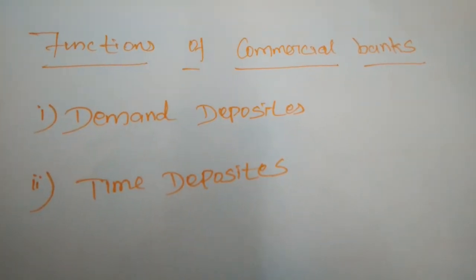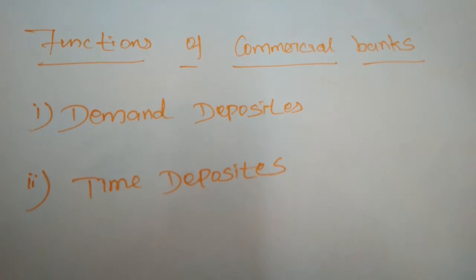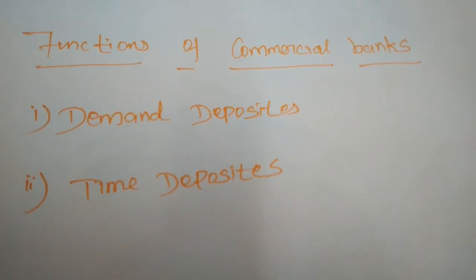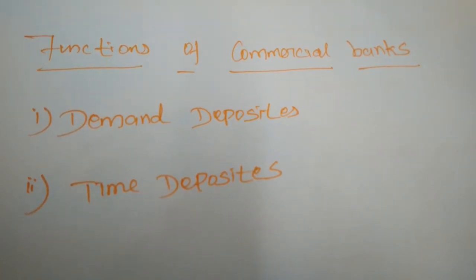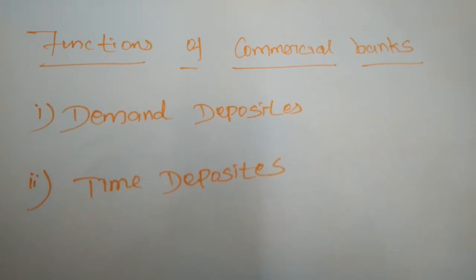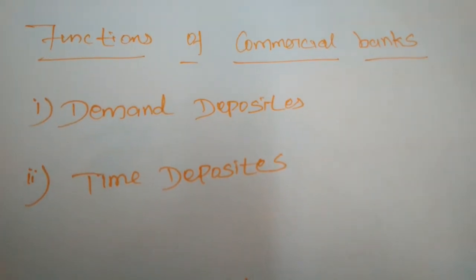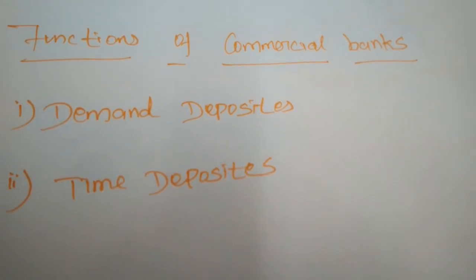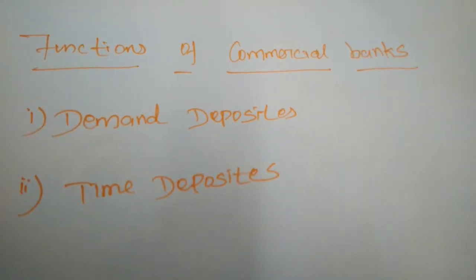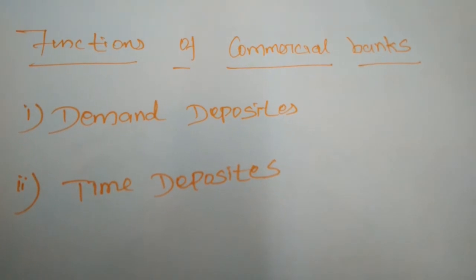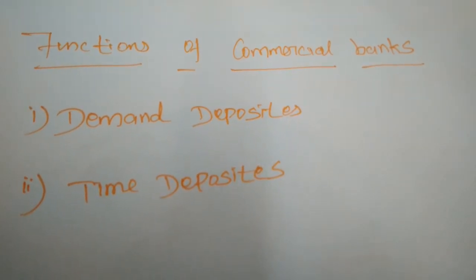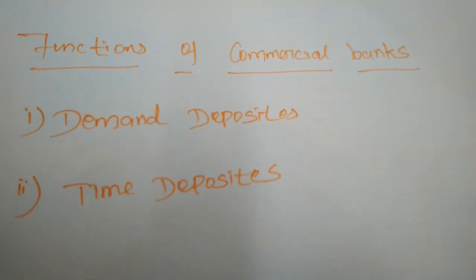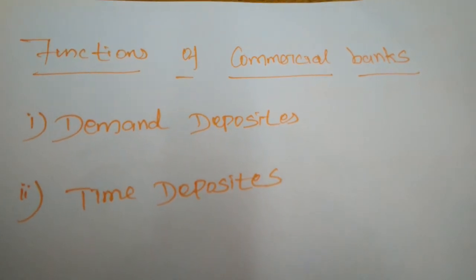We can withdraw the money only after completing the prescribed time period, and by giving prior notice to the bankers. But what is the benefit of this time deposit? We will get a high interest rate.